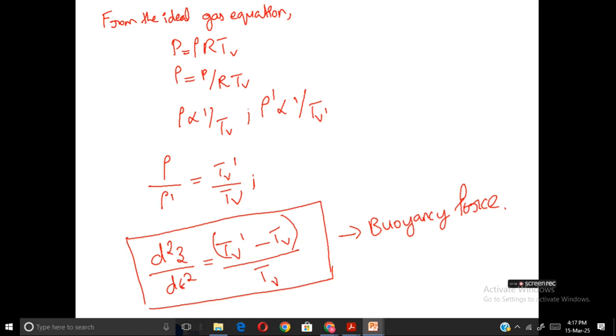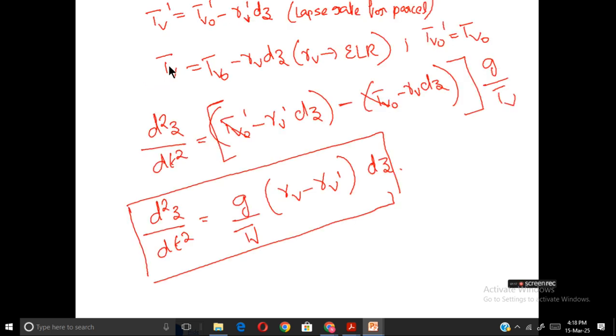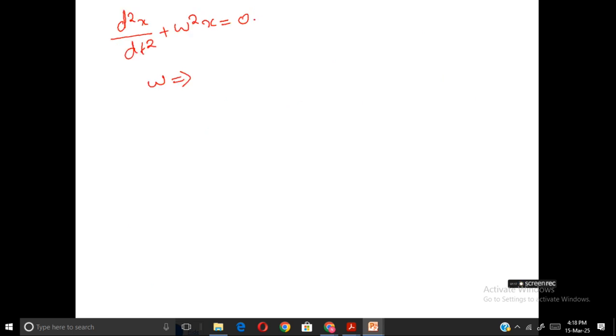Now this equation basically has the form d square x by dt square plus omega square x is equal to 0, where omega square in our case is basically g by TV into gamma V minus gamma V dash.